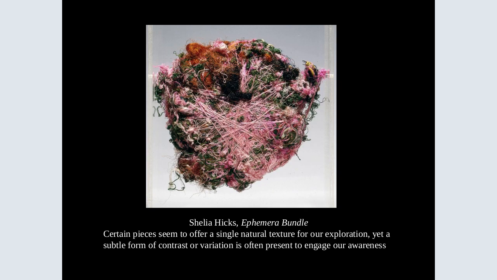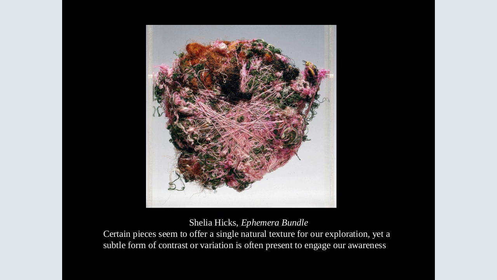Certain pieces seem to offer a single natural texture for our exploration, yet a subtle form of contrast or variation is often presented to engage our awareness. Okay, so if we take a look at this, we may read this as one texture, but there's really a lot going on with Sheila Hicks's piece. We've got these types of lines in combination with this.